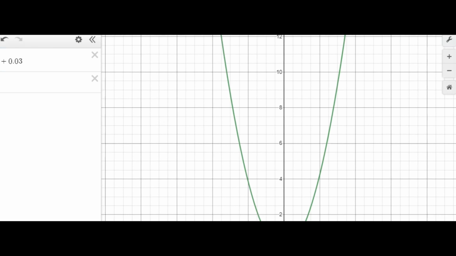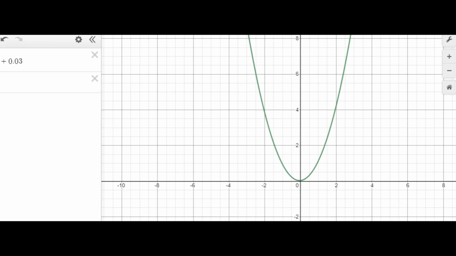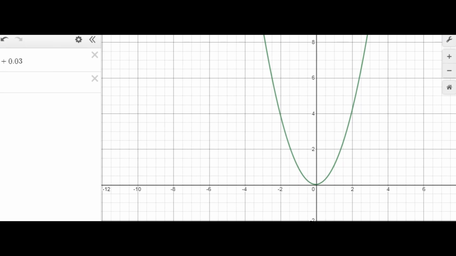This is it. That's the value of our vertex, exactly the same, negative 0.05 and 0.0275, correct? So this is the vertex and this is the curve. We have drawn it absolutely correct.